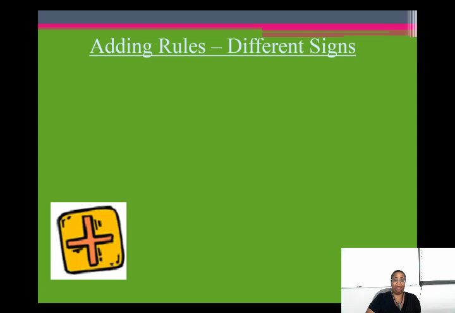This is where it gets tricky, and you have to remember this rule. If the signs are different, you need to take the difference of the absolute values of the numbers and then choose the sign that's further from 0.